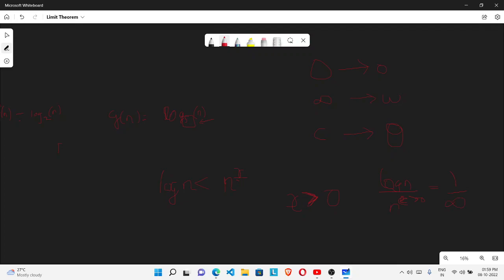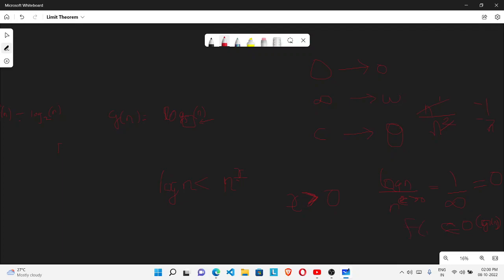You can think of this log n as something like n raised to 1 and that constant as n raised to 2. So when you cancel this, you get 1 by n, 1 by infinity, which is 0. And for 0, we write it as small o: f of n is equal to small o of g of n.